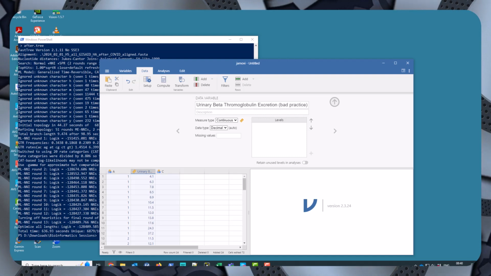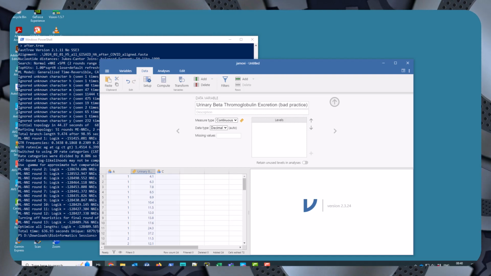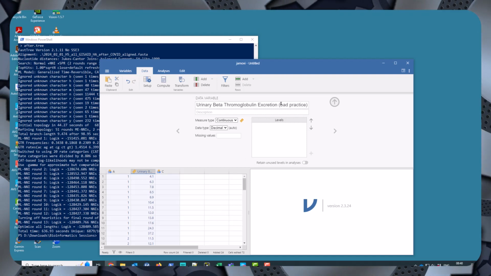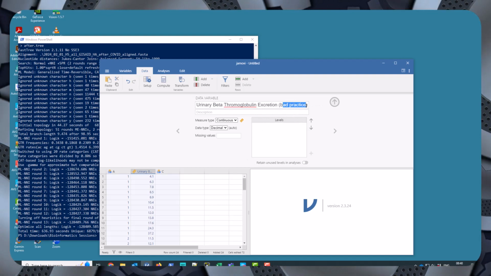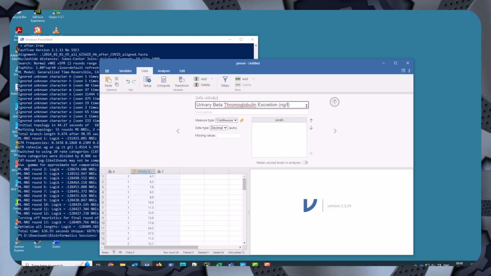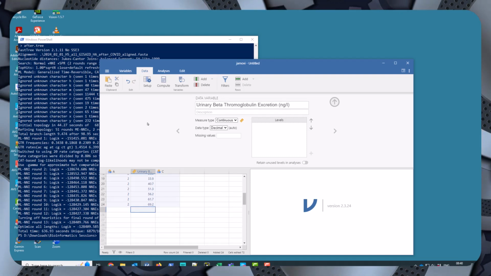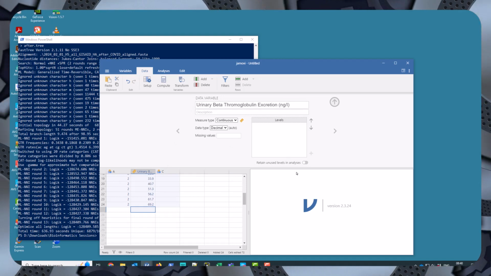And interestingly, it's associated with deep vein thrombosis. Okay. In that case, so possibly, roughly, let's call this nanograms per litre, because that probably is the right sort of scale, which is fine.